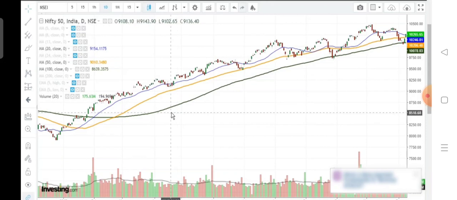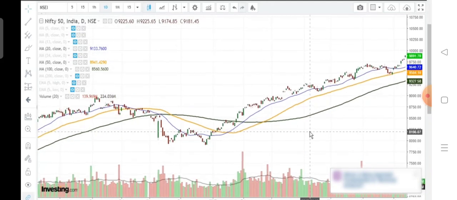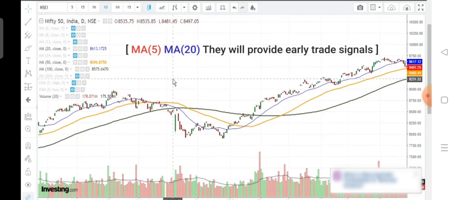So all these positive crossovers when the uptrend is going on are well tradable opportunities, and in the downward direction the opposite. Now one thing you should understand: as 5-20 type moving averages are more sensitive, they will happen relatively more frequently, and they will provide early entry points.